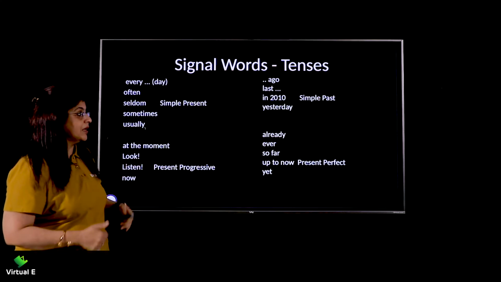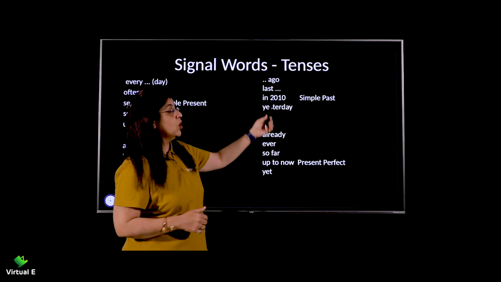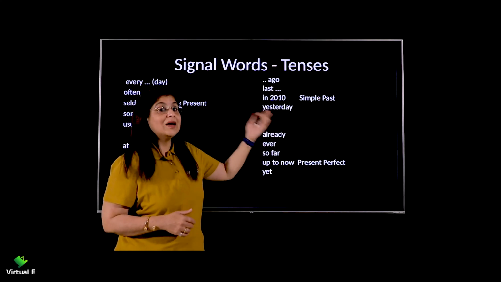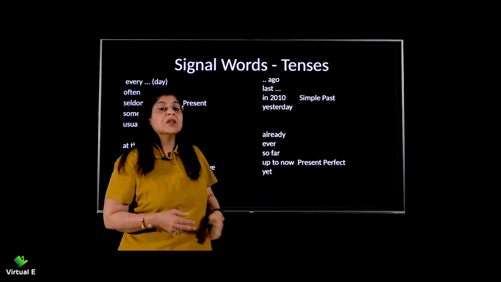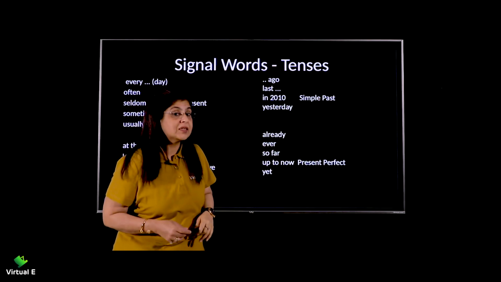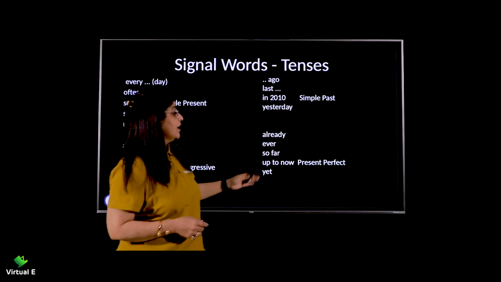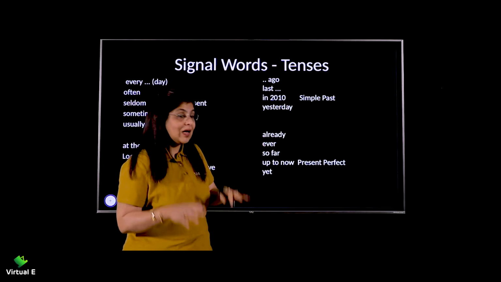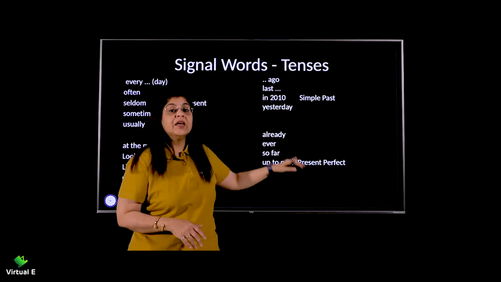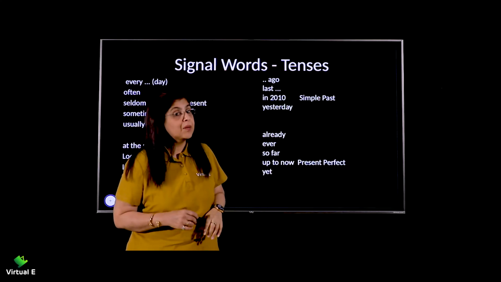The action is happening now. If I talk of ago, last month, last week, in 2010, yesterday, that very clearly indicates simple past tense. And if I talk of already, ever, so far, up to now, yet, it indicates present perfect.